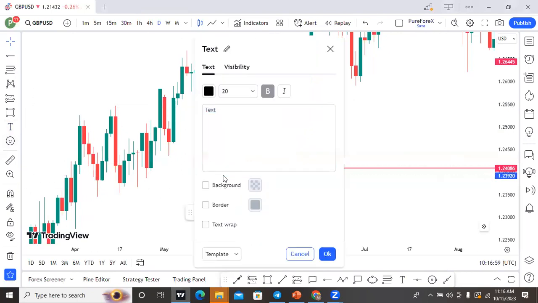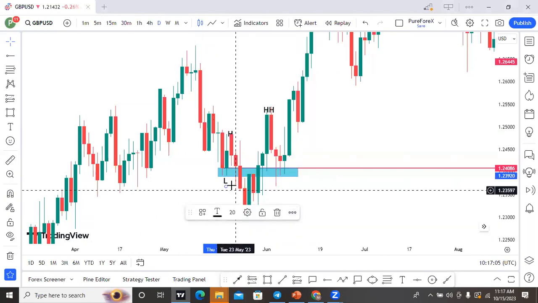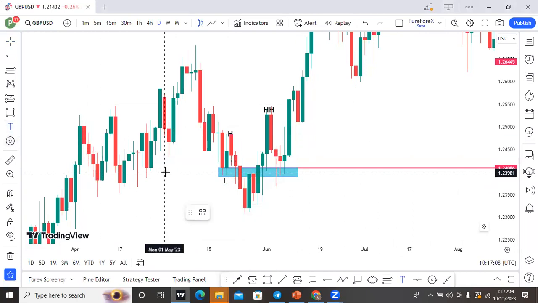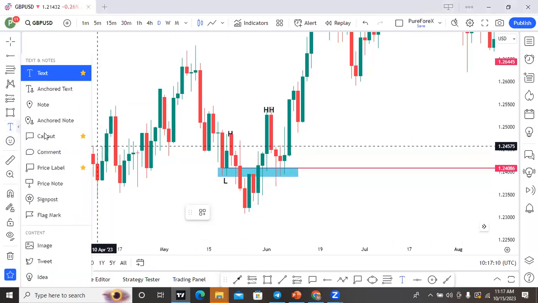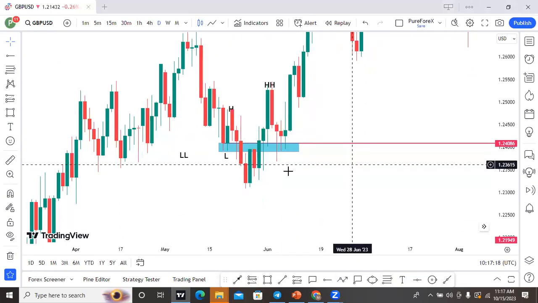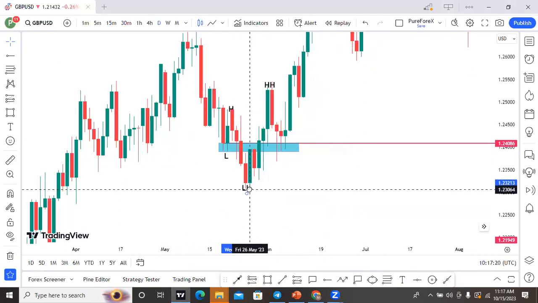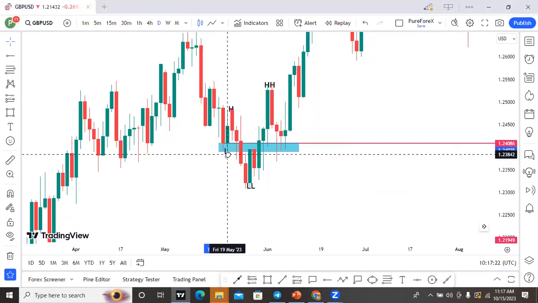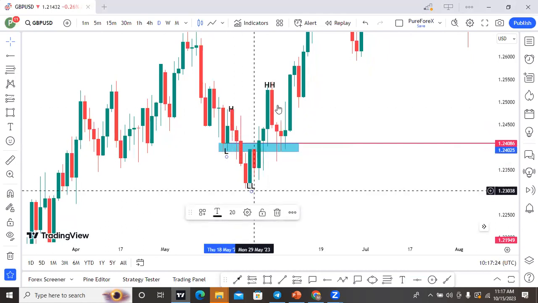This is what? Low. And what? Lower low, guys. I'm just taking my time to really explain a Quasimodo reversal because this particular setup works wonders. They keep happening every week. So here, this is the low, the high, the lower low, and the higher high.